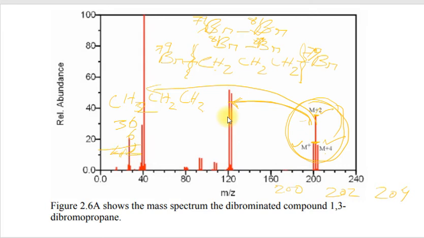So 42 is the mass of this fragment, and you can do the calculation from M plus to this peak, or from M plus 2 to this peak, or from M plus 4 to this peak.